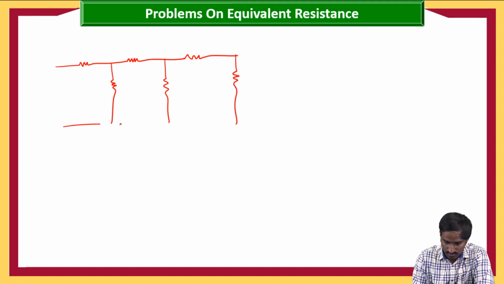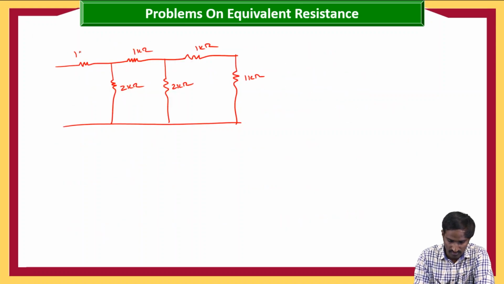So here it is 2 kilo ohm and 2 kilo ohm and 1 kilo ohm, 1 kilo ohm, and again 1 kilo ohm, and here also 1 kilo ohm. So we need to find the resistance across these two terminals A and B.